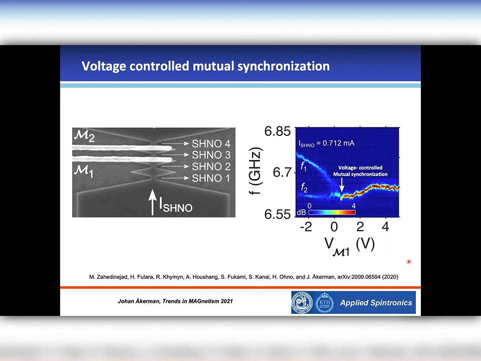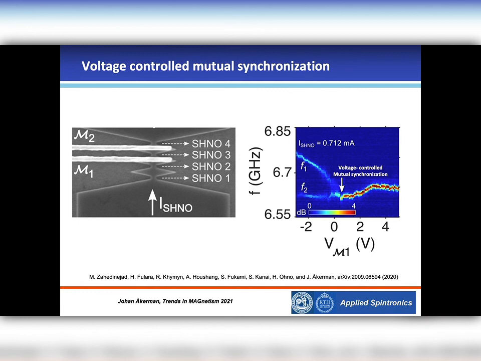So this is the first demonstration of a voltage gate controlling the mutually synchronized state of spin-Hall nano-oscillators in a chain. And this is work that we did together with the Tokyo University, and it's still under review and has been for quite some time, but we are still optimistic that we will get it published.